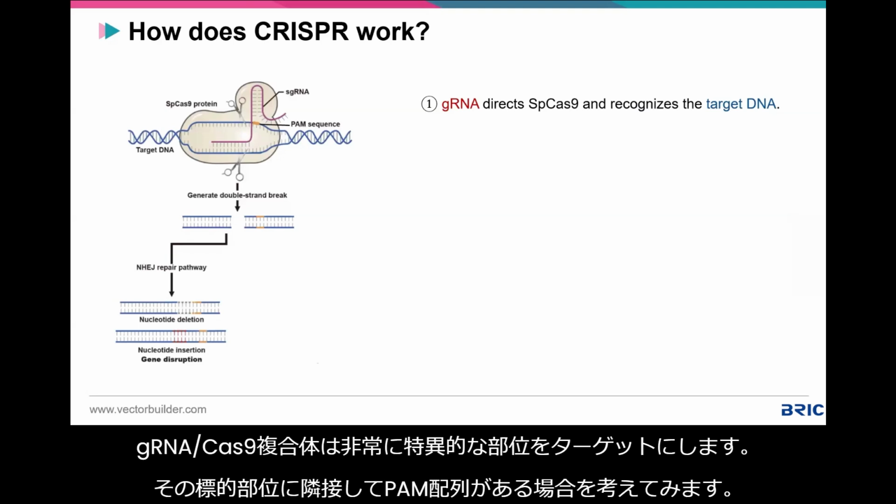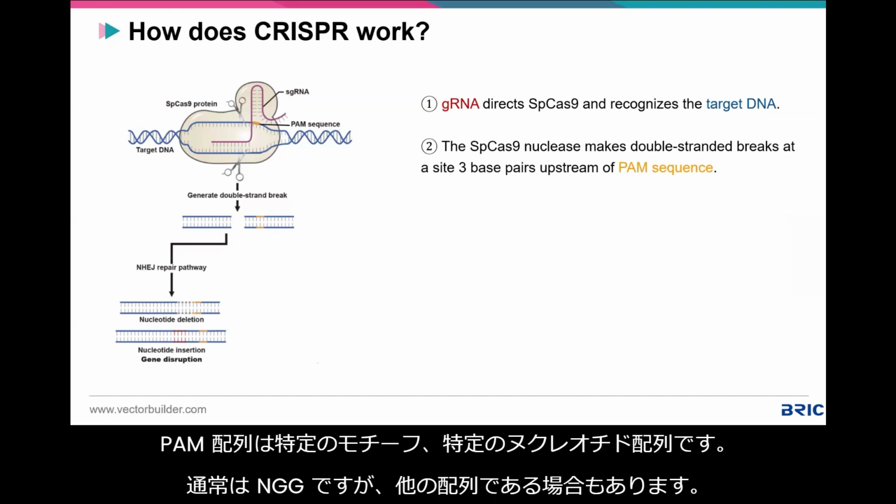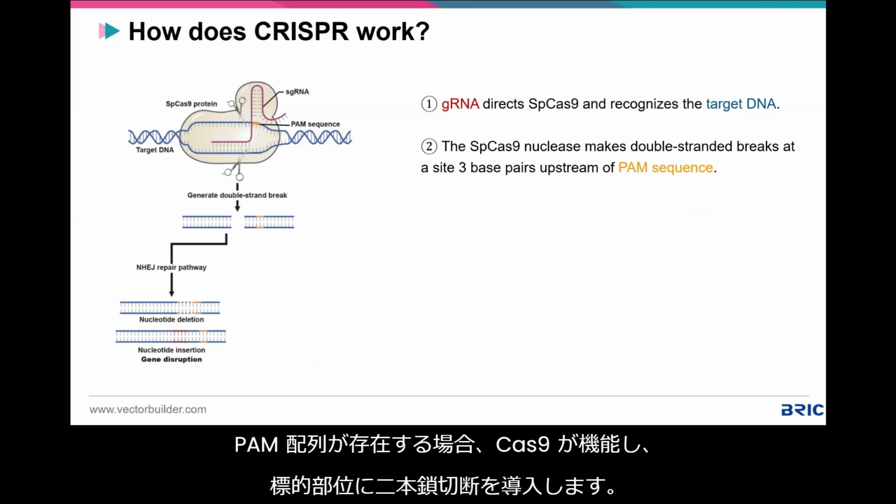And once the guide RNA-Cas9 complex is targeted to a very specific site, if there is a PAM sequence next to the target site, and a PAM sequence is a specific nucleotide sequence, which typically happens to be NGG, but it could be something else as well. If the PAM sequence is present, then Cas9 does its thing and introduces double-stranded breaks in the target site.